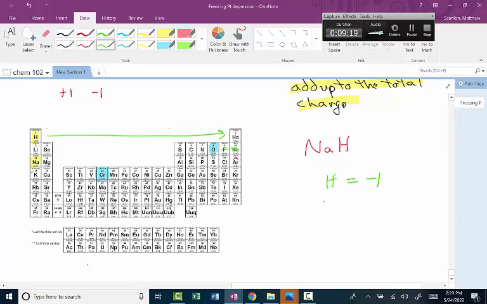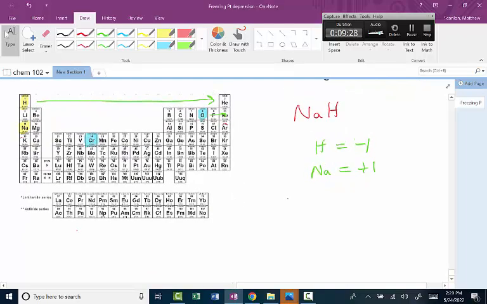And therefore, sodium must be plus 1. So, there's an example of it. How about CO2? Oxygen's minus 2, and there's 2 of them, so carbon must be plus 4. So we'd write carbon equals plus 4, oxygen equals minus 2.